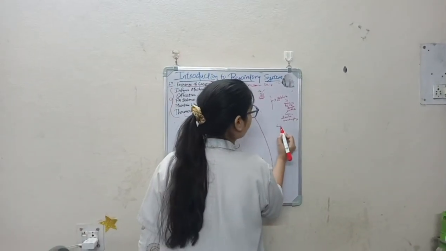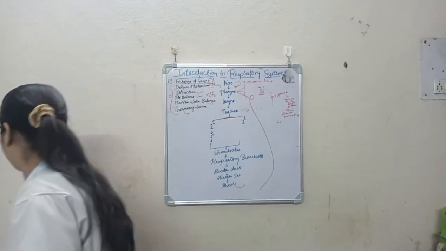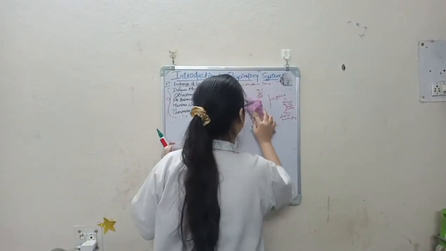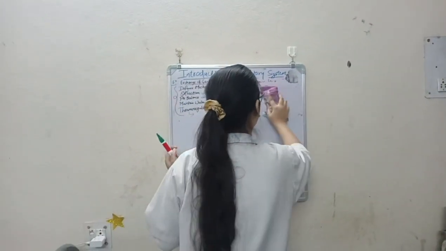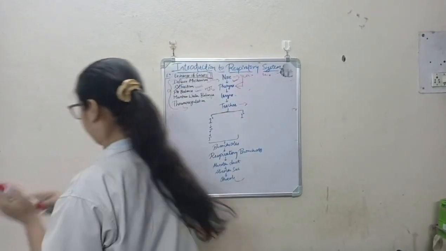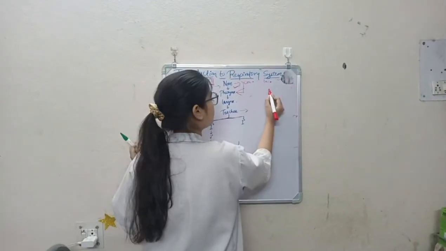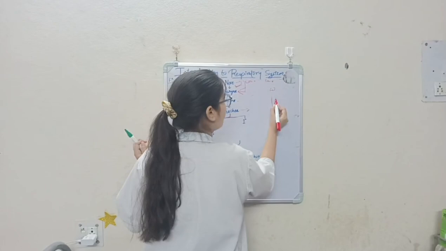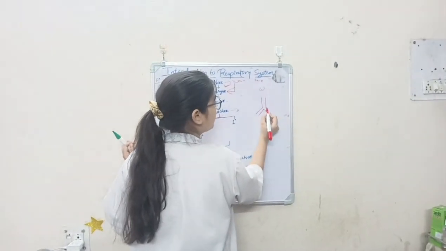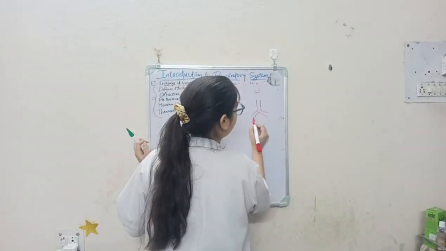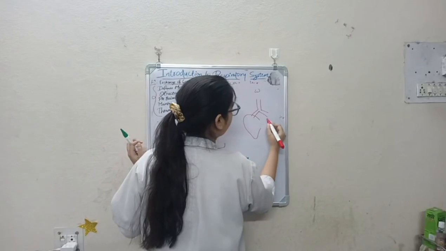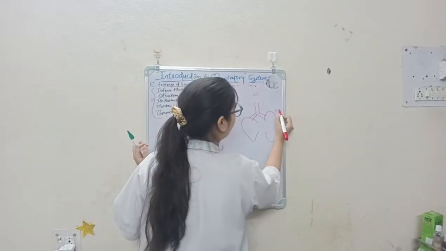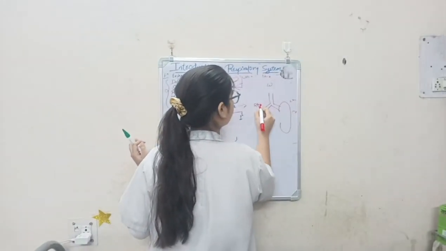Draw a diagram so that it will be more clear. So it's a nose, trachea, two primary principal bronchi, and then it's a left lung, it's a right one.